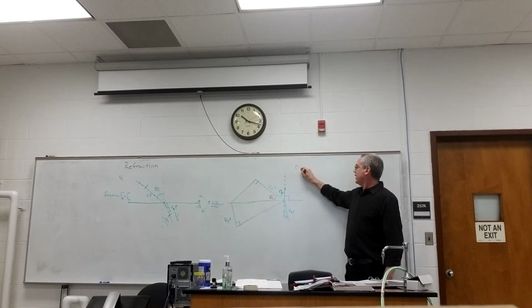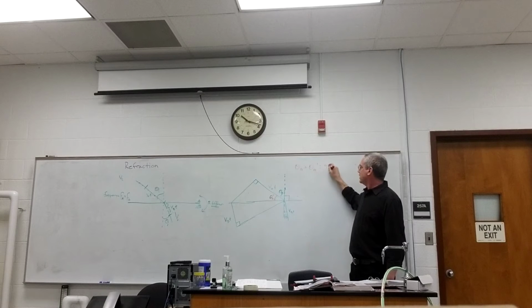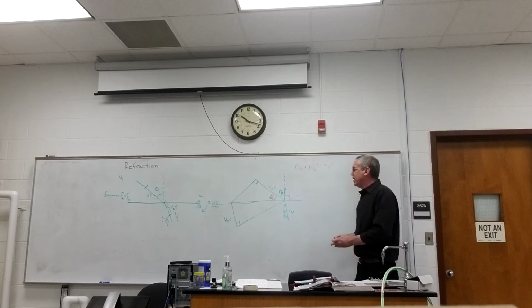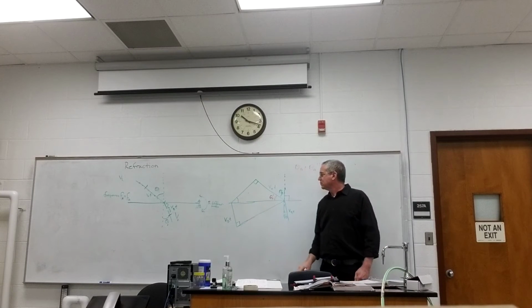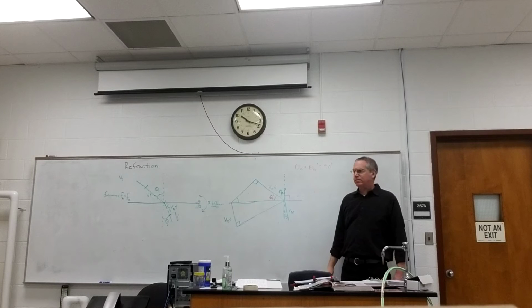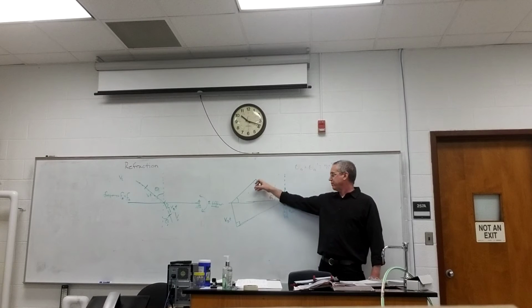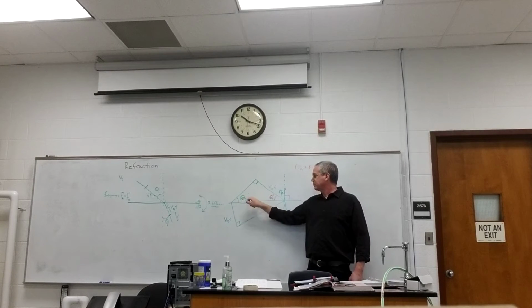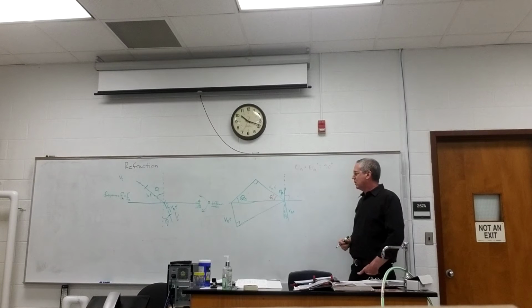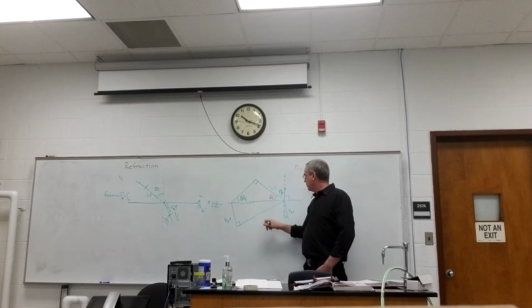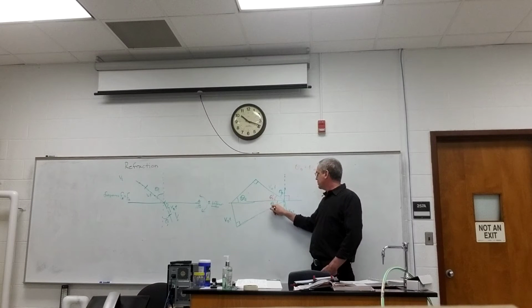Formally, theta A plus theta A prime is equal to 90 degrees, which says that this angle over here has to be equal to theta sub A. Through similar logic, this angle right here is theta sub B.